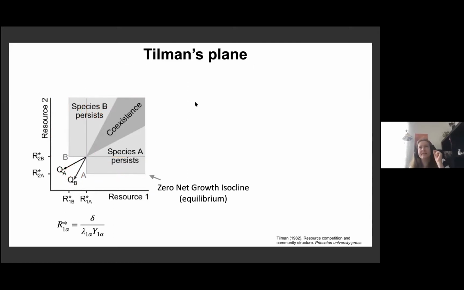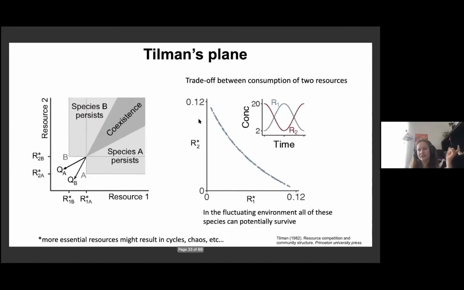In this scenario with two essential resources, people actually discovered the following trade-off. In principle, you can imagine that different microbes can have slightly different stoichiometries in various essential nutrients, because they can somehow optimize their composition of atoms in the cell by optimizing some protein amino acids and stuff like that.